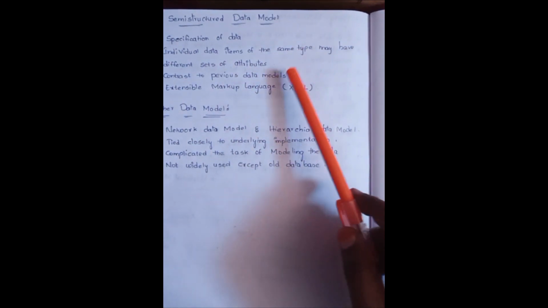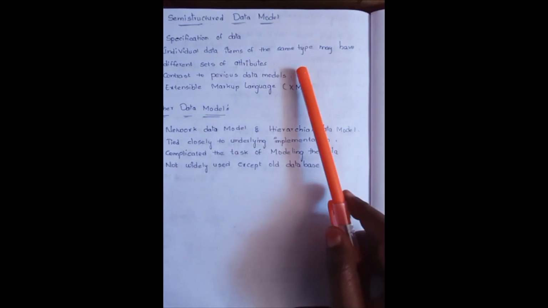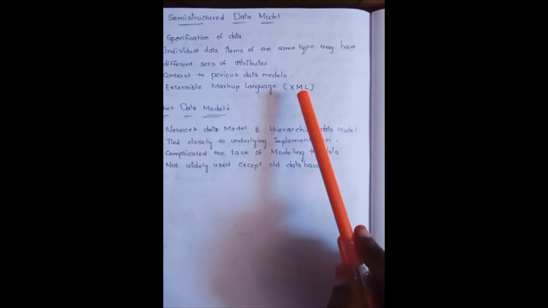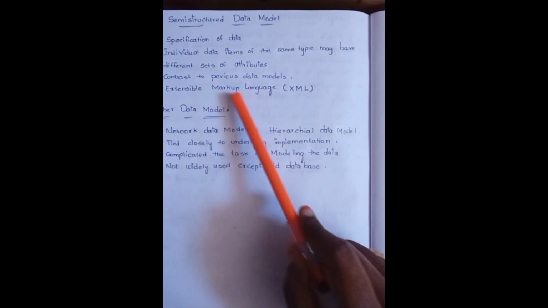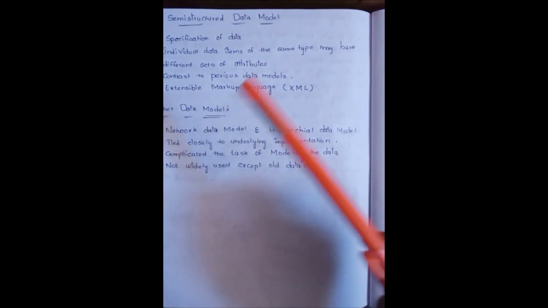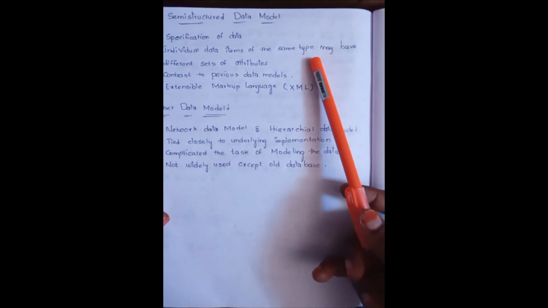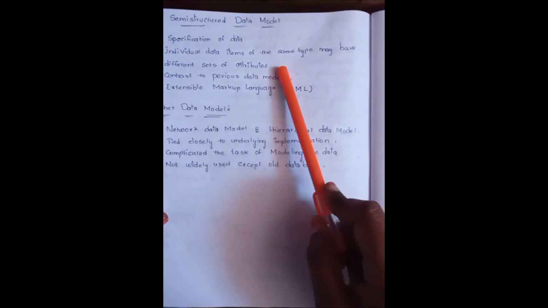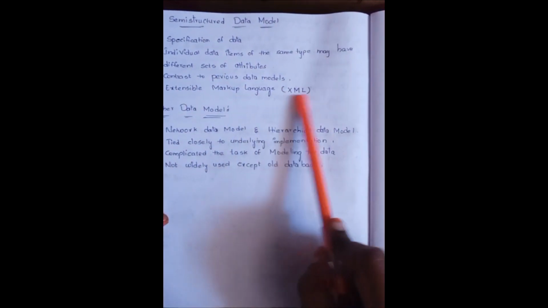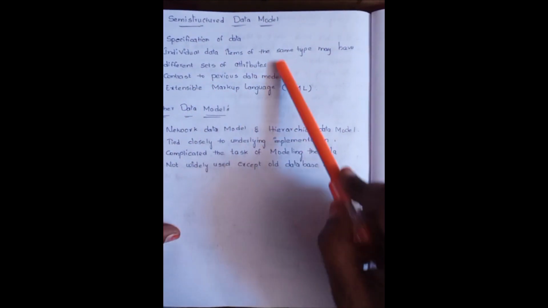In the database, if we use the semi-structured data model, the transfer of data among applications is also easier, and we can clearly see that this is in contrast to previous data models like the relational data model, ER model and object based data model. The language that supports the semi-structured data model is XML, which is extensible markup language. So this is about the semi-structured data model.